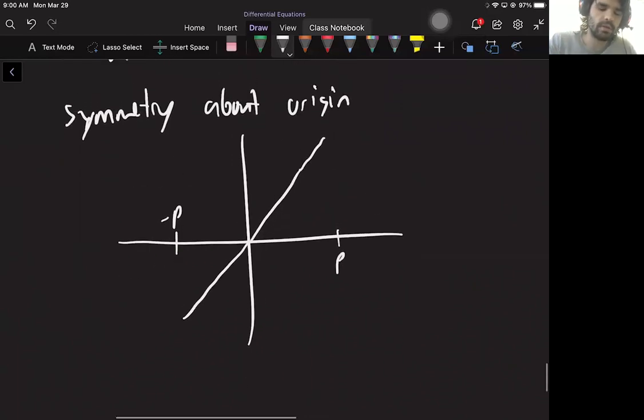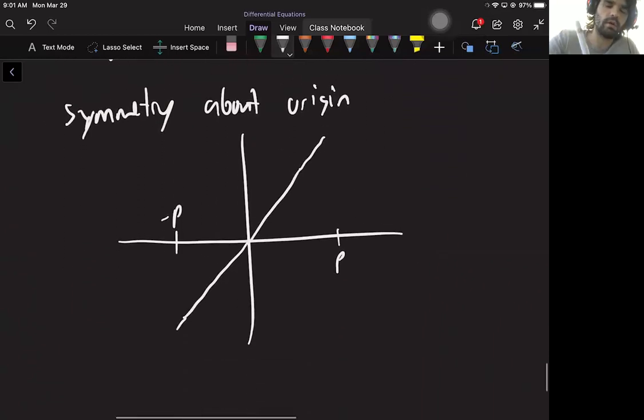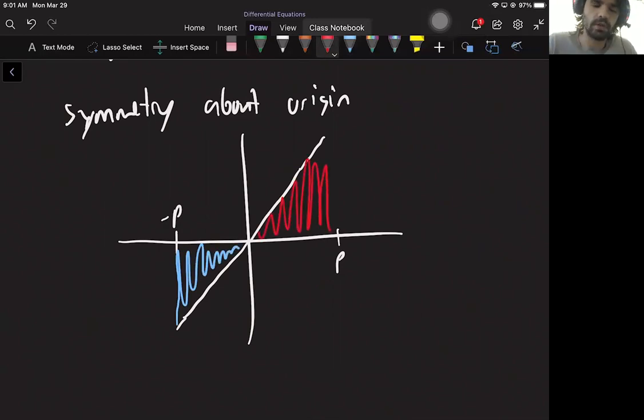Well, if it's symmetric about the origin, and you think about the integral as area under the curve, signed area under the curve, then what's happening is the area under the left part will always match the area on the right part if it's an odd function.